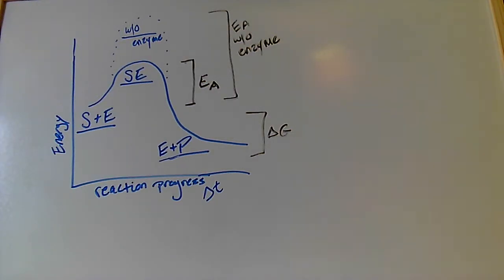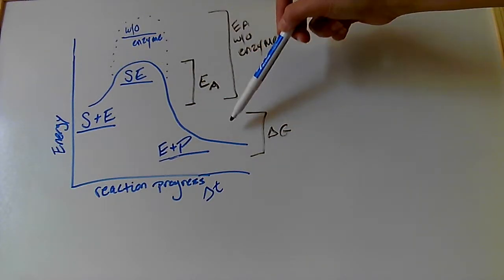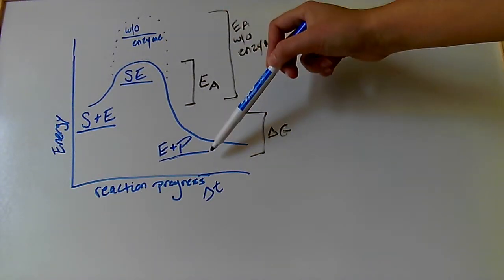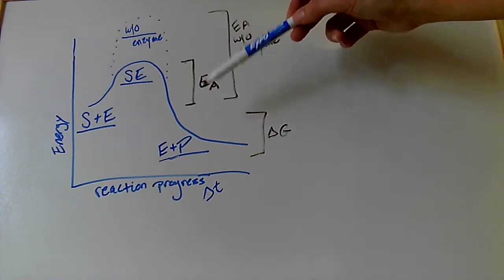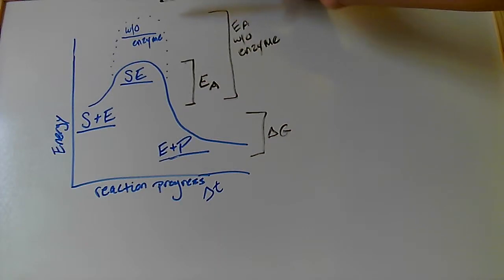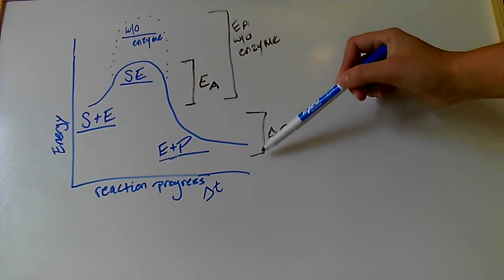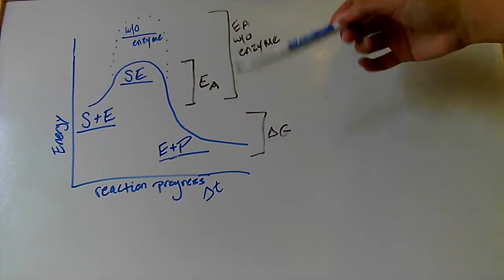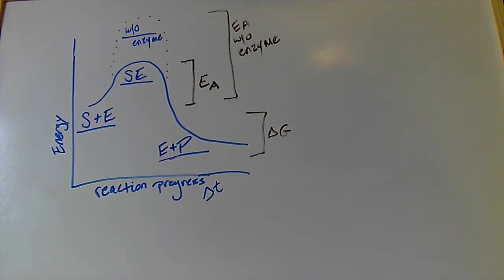I think he said that you won't need to calculate any of those, but the important thing to remember is that delta G is an inherent value in relation to the substrate and the product and the energy difference between them, but it doesn't have anything to do with the enzyme. So if you are going through this reaction either with enzyme or without enzyme, it doesn't change the delta G of the reaction. That's an inherent function of substrate and product energy ratios.